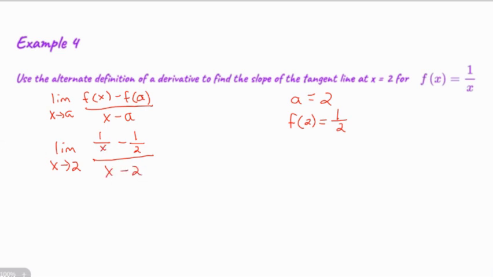Let's go ahead and multiply this by 2, this by 2, this by x, this by x. The limit as x approaches 2 of, we get 2 minus x over 2x all over x minus 2.